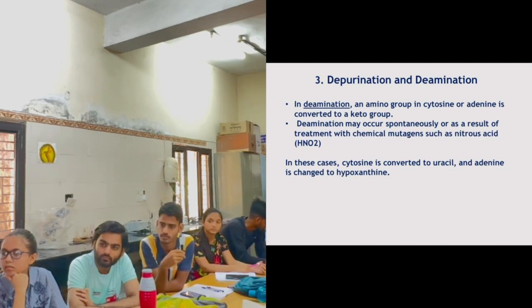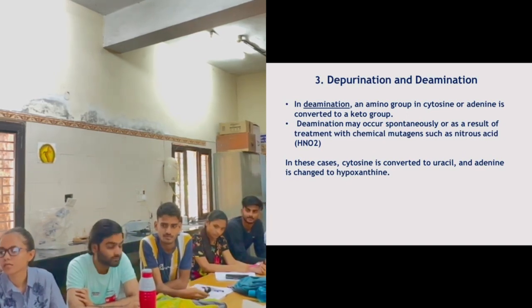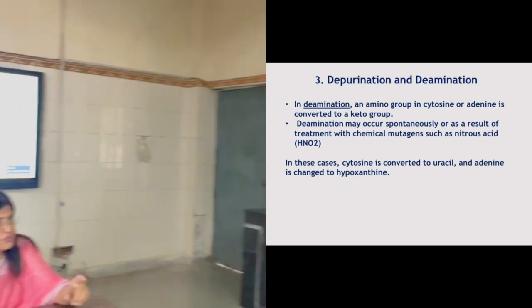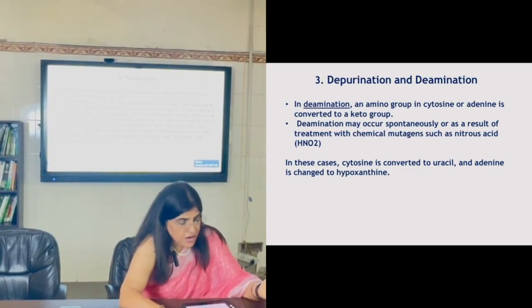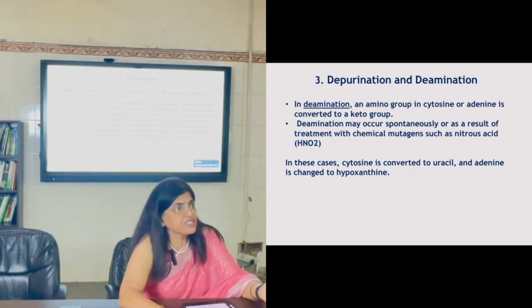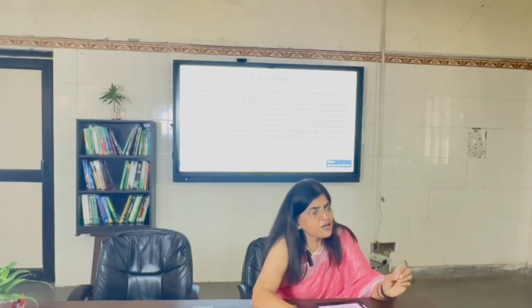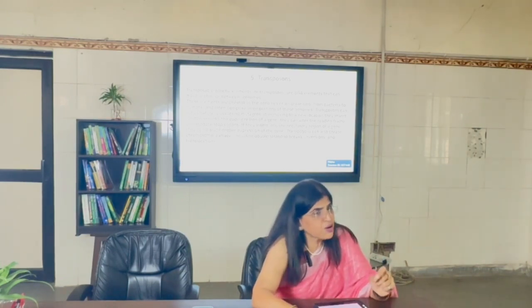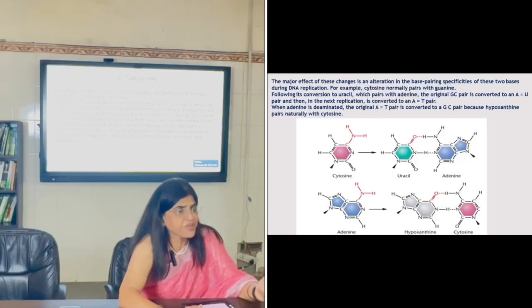And because in the beginning we learned the structures, how important it is to have an amino group and a keto group in the bonding of nucleotides, and in maintaining the intact structure of the bases also. So if this is changed, like say for example, if we change the amino group of cytosine to a keto group, it converts to uracil, and uracil will bind to A rather than G.